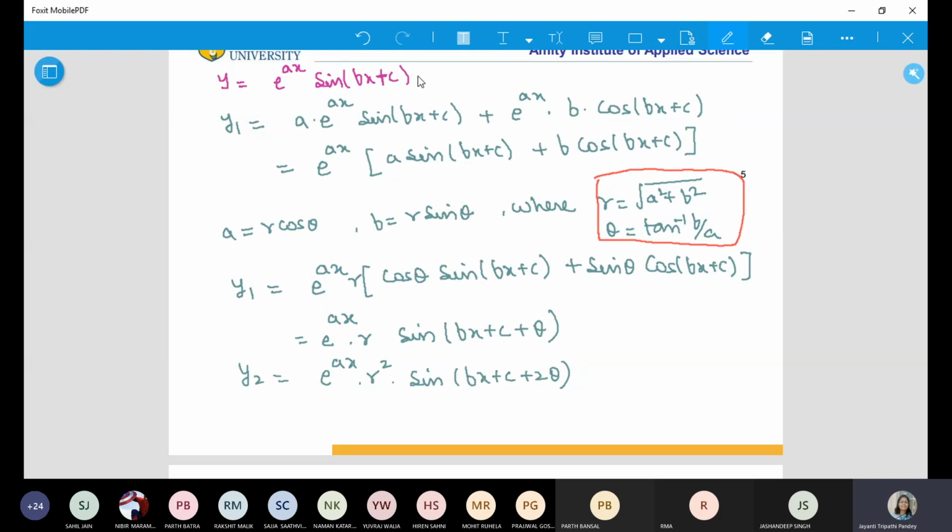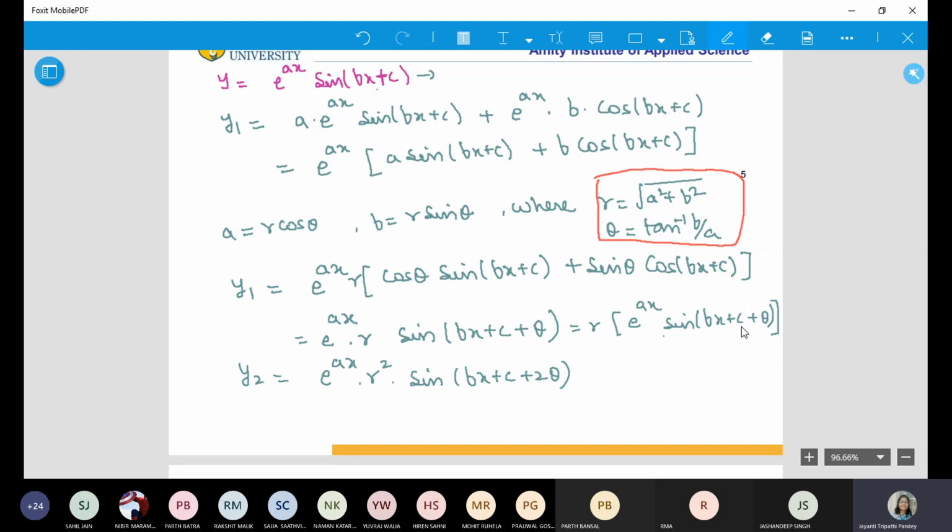See, when you have differentiated this, the first derivative has given you one r and one theta in it, right? Now, you can write it like this, r e to the power ax sin(bx plus c plus theta), right? Now, this part and this part is similar.